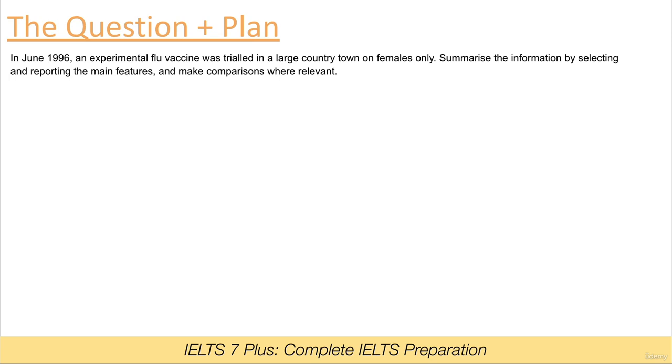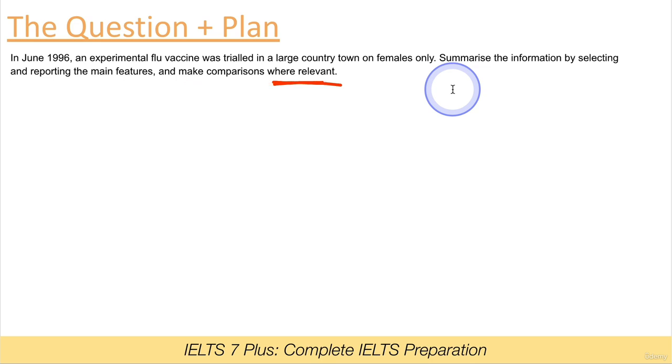So we'll talk through it together and break it down. Let's look at the question first, as always, or the task, what we have to do. In June 1996, an experimental flu vaccine was trialled in a large country town on females only. Summarize the information by selecting and reporting the main features and make comparisons where relevant. Okay, so we want to, let me get my pen, summarize, and we're being told how to summarize by selecting and reporting the main features, and we're being told to make comparisons where relevant.